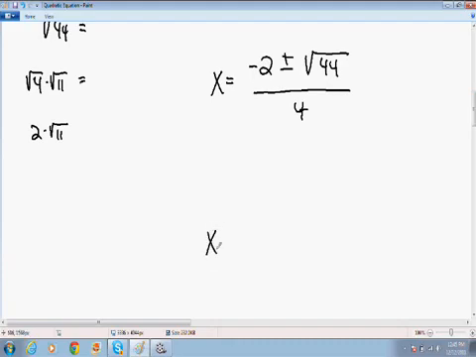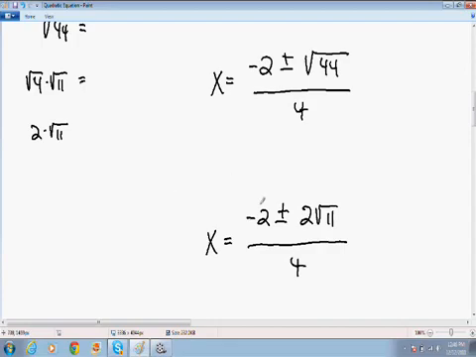So now I'm going to rewrite this equation as -2 plus or minus, instead of the square root of 44, 2 times the square root of 11, all divided by 4. Last but not least, we move on to our last step, and we have to check if all the terms have something in common.